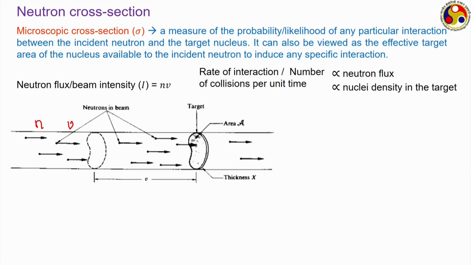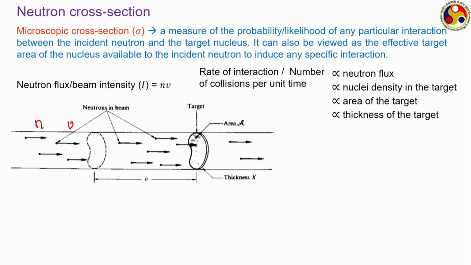It is also proportional to the target area, as the neutrons are hitting the surface, so a larger surface is always likely to give more interaction. And it is also proportional to the thickness of the target, because the neutrons pass through the target, and the larger the thickness, the more likely it is to face some nucleus during its passage, whereas a very thin target may allow free entry for the neutron through it. So, it is also proportional to the thickness of this target.